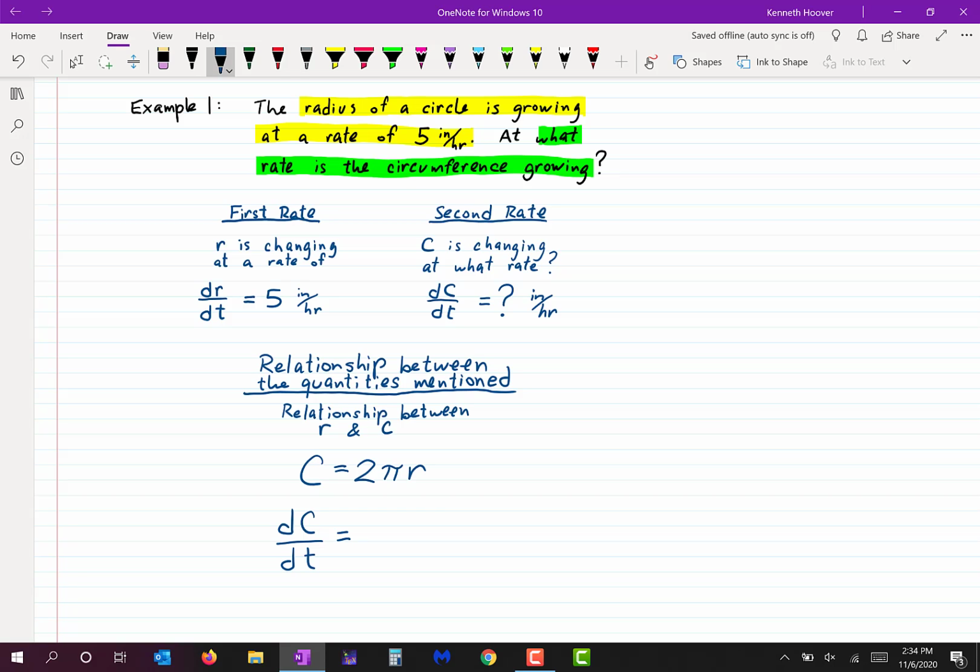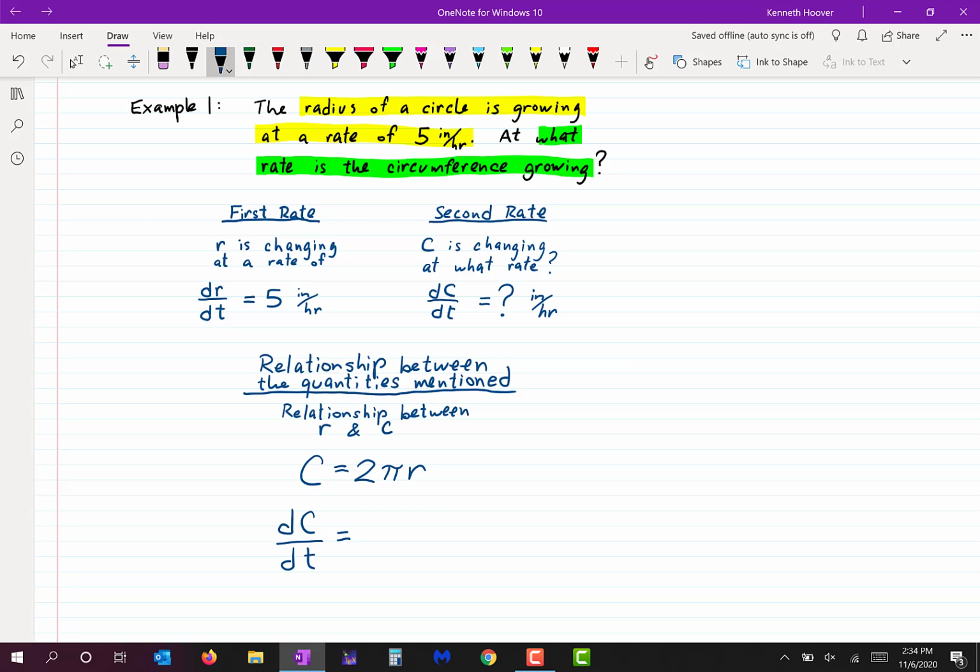The other side, we have 2 pi r. 2 is a constant. pi is a constant, r is a variable, and r is a function of time, because r will be a different measurement at different times.